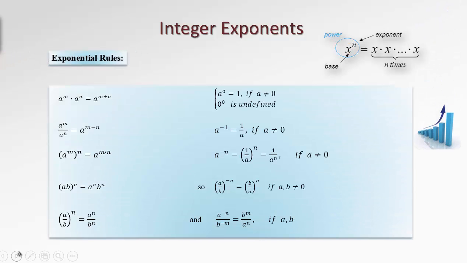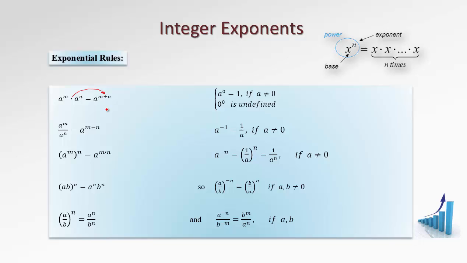Let's recall exponential rules. To multiply powers with the same bases, it's enough to keep the base and add the exponents. So multiplication of powers translates into addition on exponential level. Why is it so? Well, we can try a simple example like 2 to the 2 times 2 to the 3.